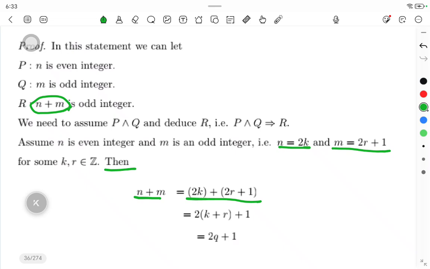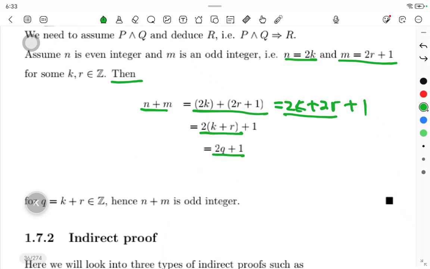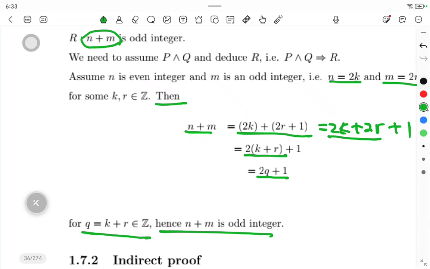This has a common factor of 2, so I factor it out. Then I replace k plus r by a q. I can't use m because I've already used it. You can't use something where you've already used it. Then I say where q is equal to k plus r, an element of an integer. Hence, indeed this is an odd integer. The reason why it's an odd integer is because we have plus 1 there.